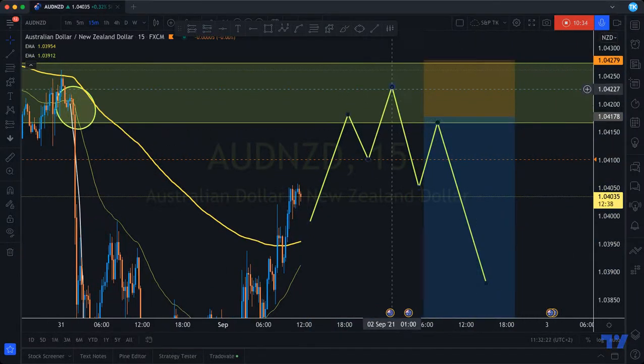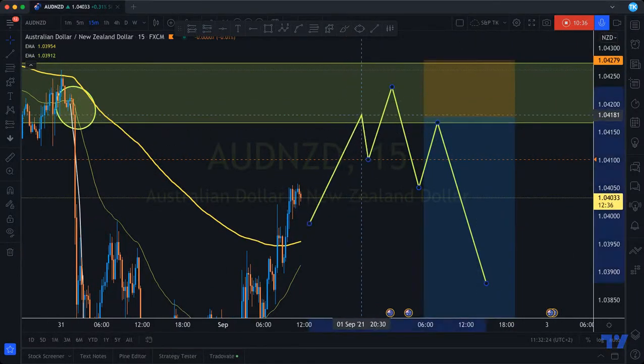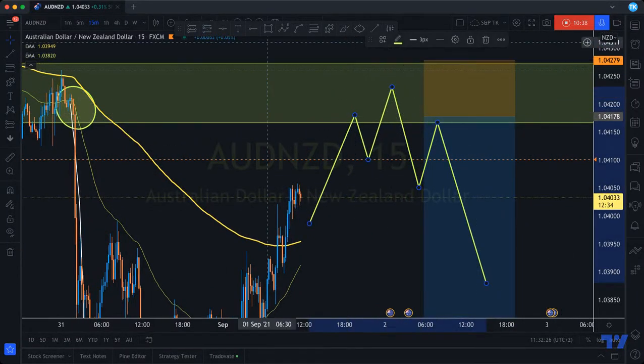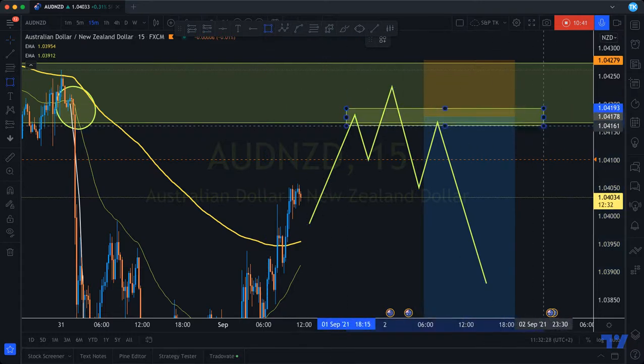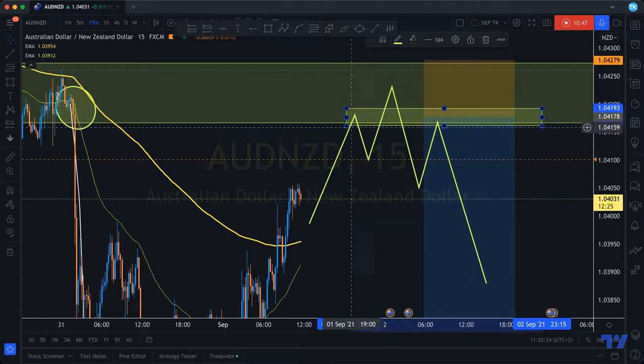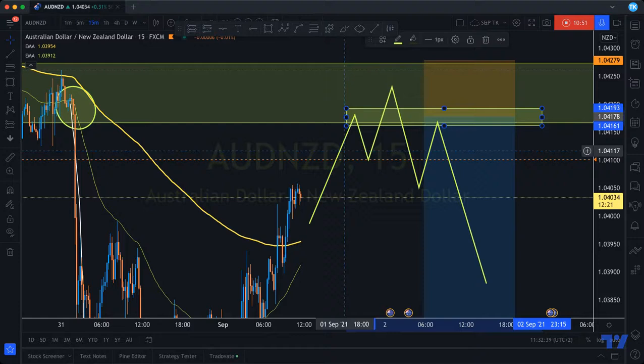This is a very complicated concept, because usually this is the second zone in which I have to pay attention. The first one is the zone in which price reacted before.